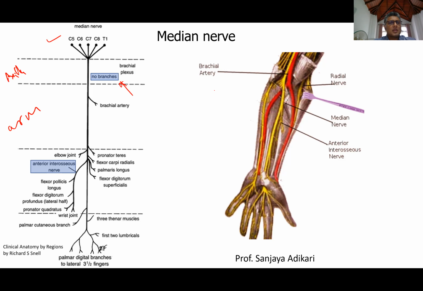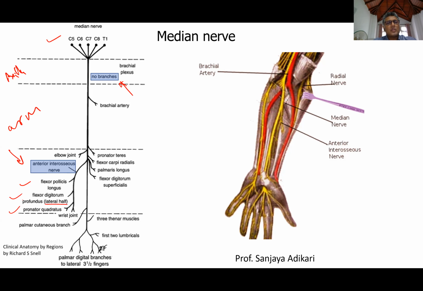It gives a deep branch which is called the anterior interosseous nerve. Now, the posterior interosseous nerve is a branch from the radial nerve, while the anterior interosseous nerve is a branch from the median nerve. You can see the muscles supplied by it, the muscles of the deep compartment of the forearm: the flexor pollicis longus, flexor digitorum profundus, the lateral half, and the pronator quadratus. These three muscles are supplied by the anterior interosseous nerve.